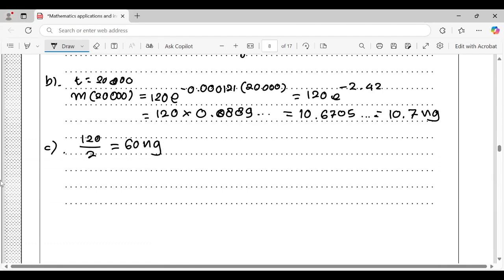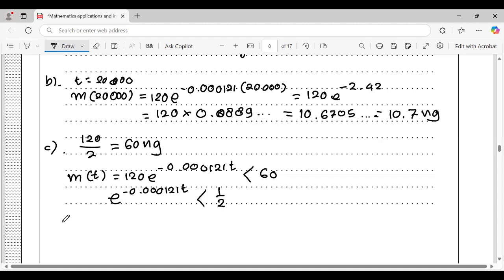The mass of the radioactive carbon is less than half of the sample, so M(t) equals 120 e to the power minus 0.0000121 t is less than 60. So e to the power minus 0.0000121 t is less than 60 divided by 120, which is 1/2.